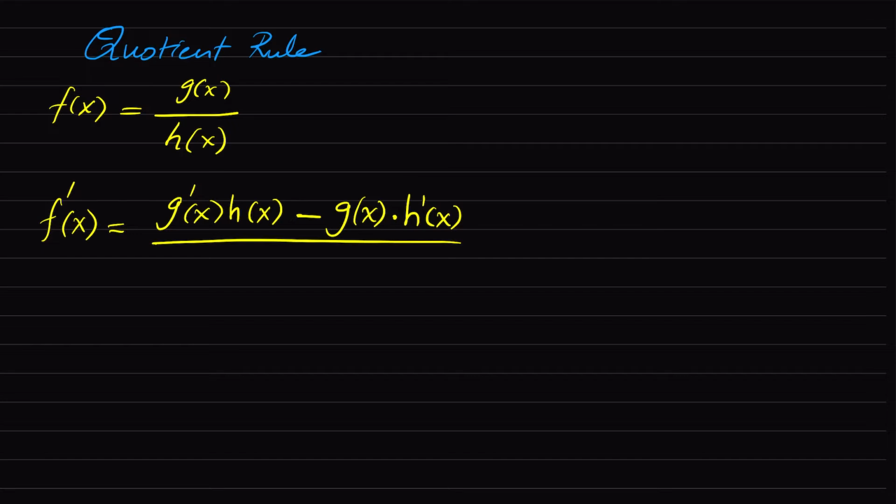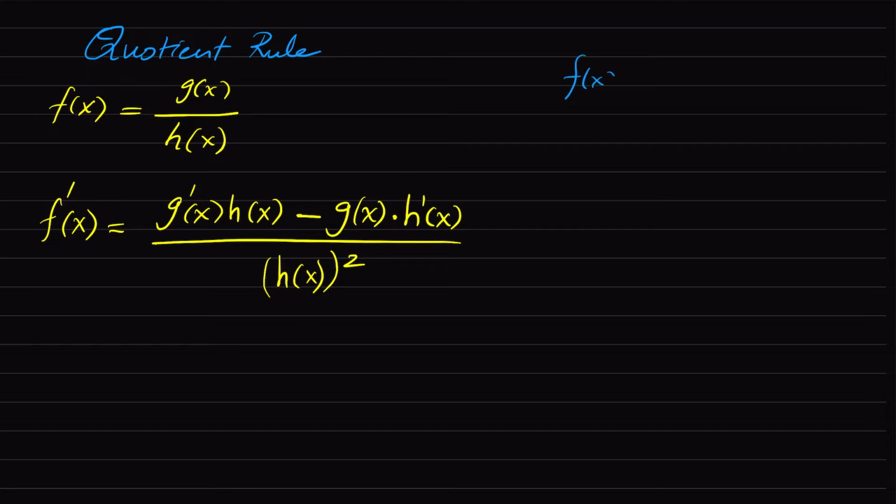Here it's the same as the product rule. We do the derivative of the first, keeping the second the same, minus, we keep the first as it is and do the derivative of the second. There is a minus here; in the product rule, there is a plus. Let's give a quick example.